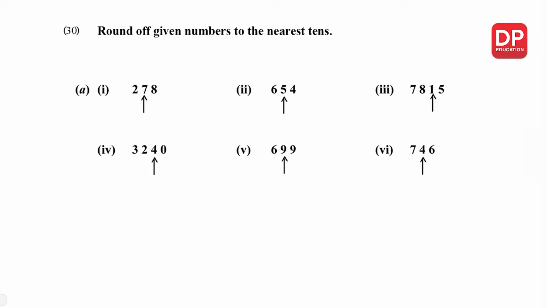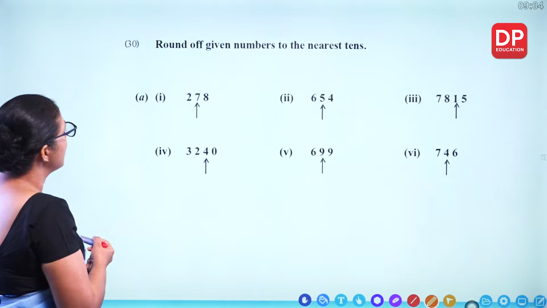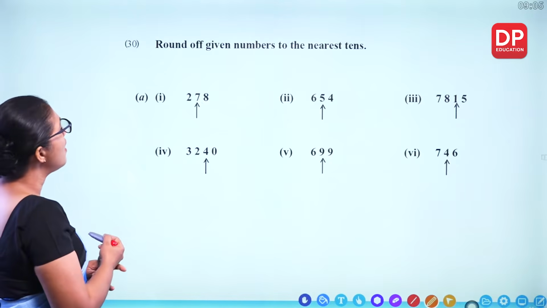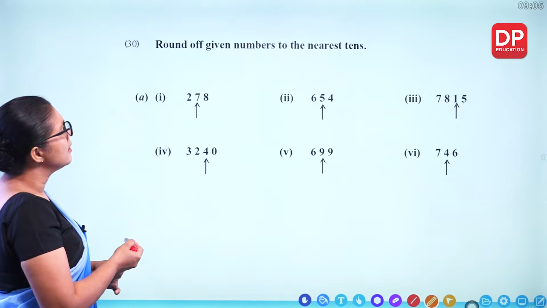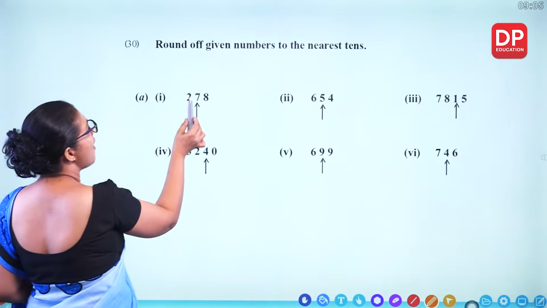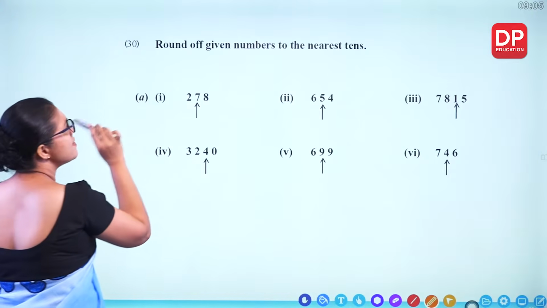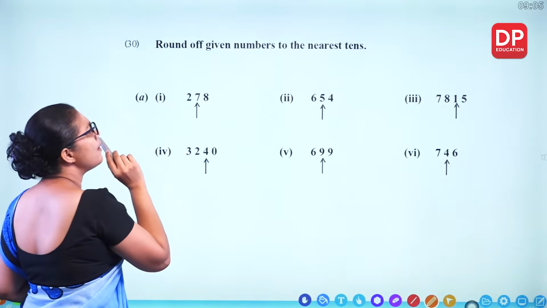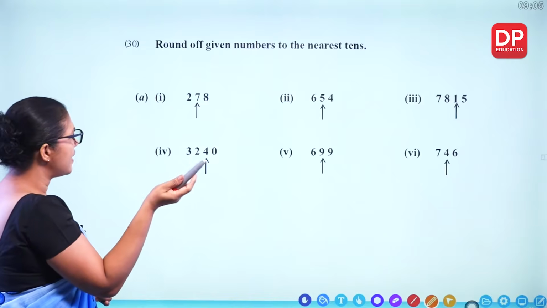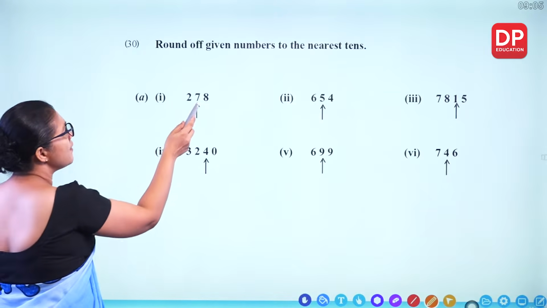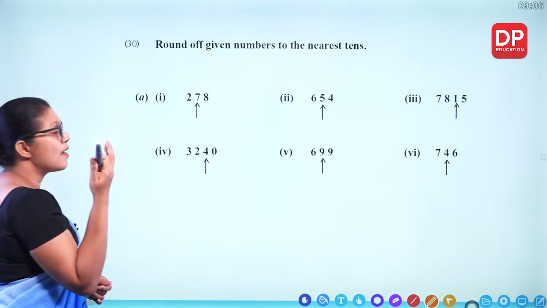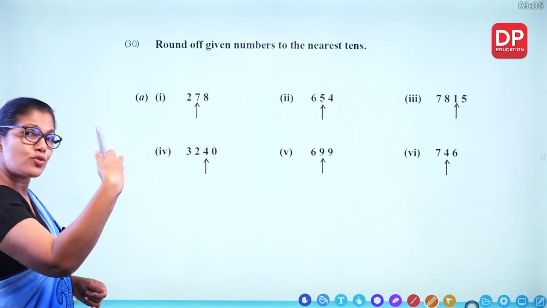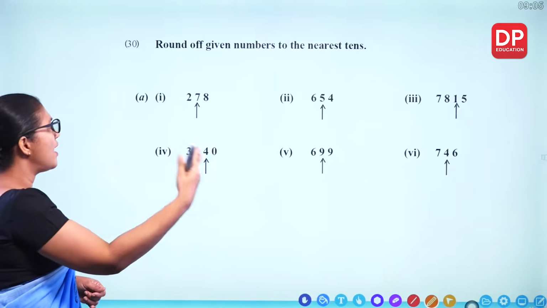Round off given numbers to the nearest tens. What we do when rounding is first draw an arrow to the place that you want to round. The tens place is here. Then look at the next number. If it's 5 or more, towards that side, you take the highest value.